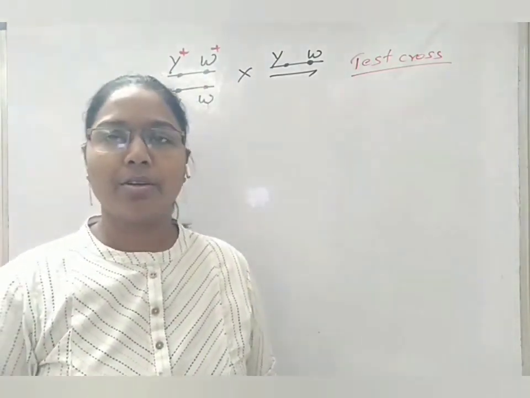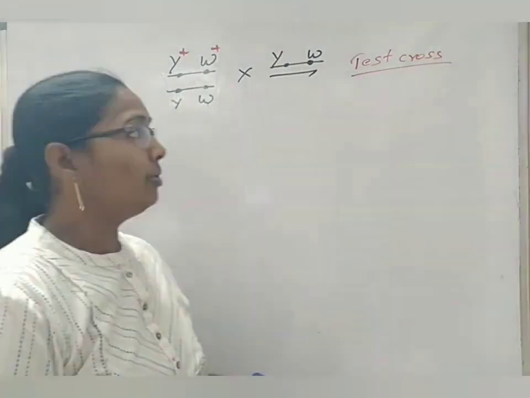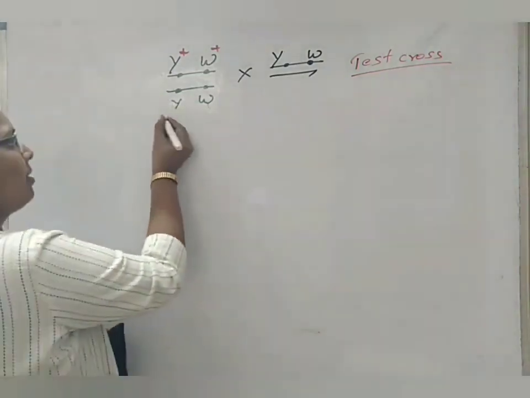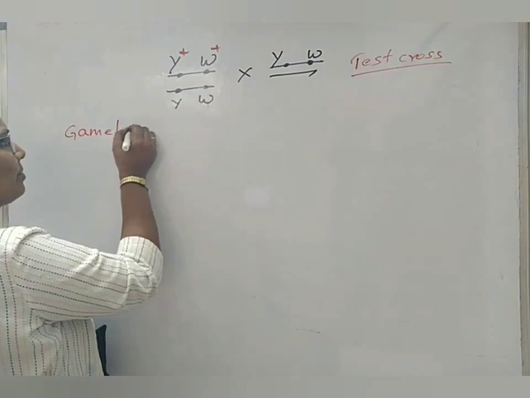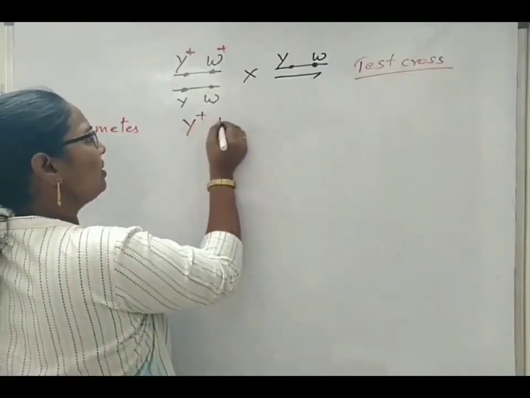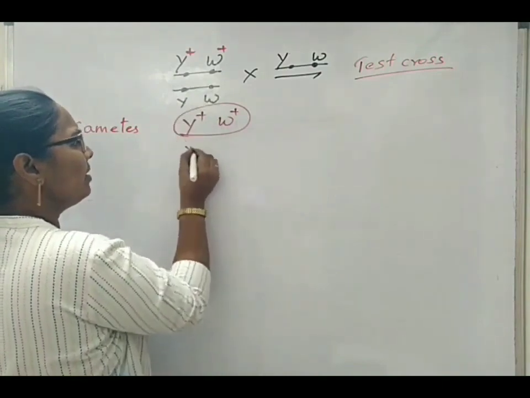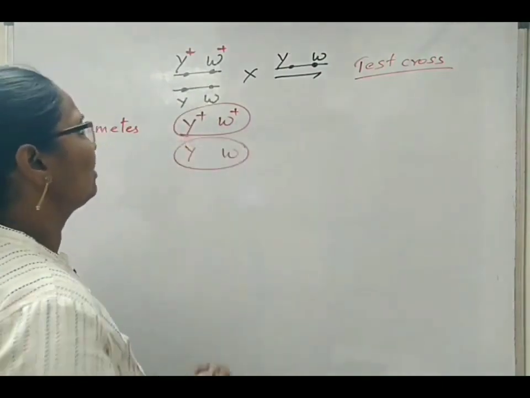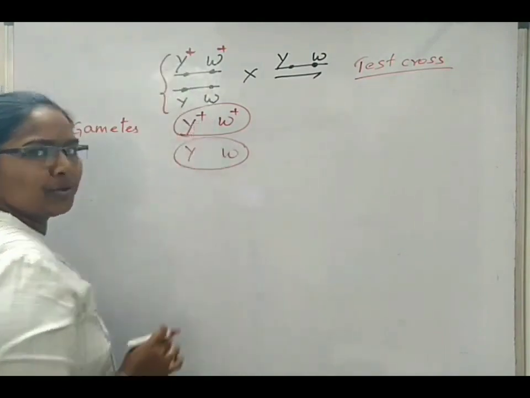Such a cross is called a test cross. It means a test cross is to know the unknown genotype of the parental combinations. So what are the gametes from the F1 generation when we do it like this? The dominant one is one gamete, and the recessive one is another gamete. Actually, these should give only these two types of gametes.